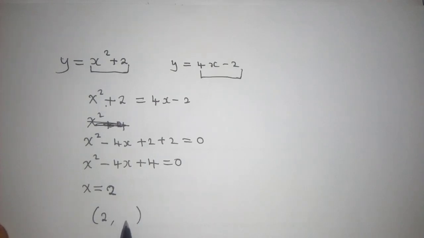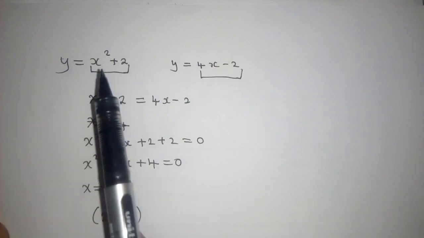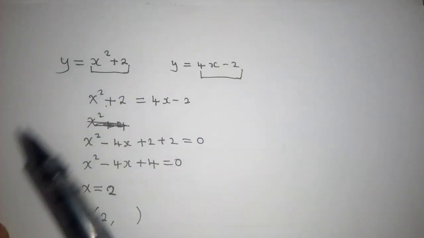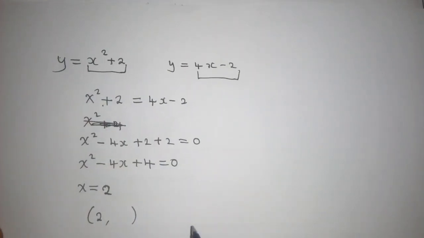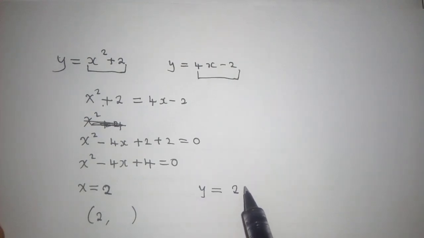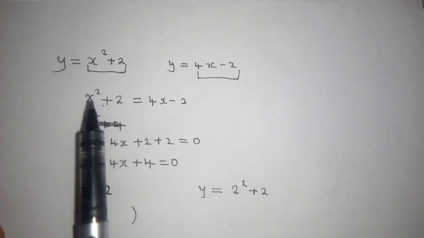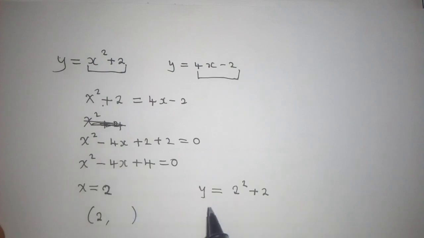For us to find the y coordinate here, we take x is equal to 2 and plug it in one of these equations or functions. So we'll say y is equal to 2 squared plus 2. So I'm putting x here. When I solve, I'll get a 4 here plus a 2, which is equal to 6. So I found my 6.